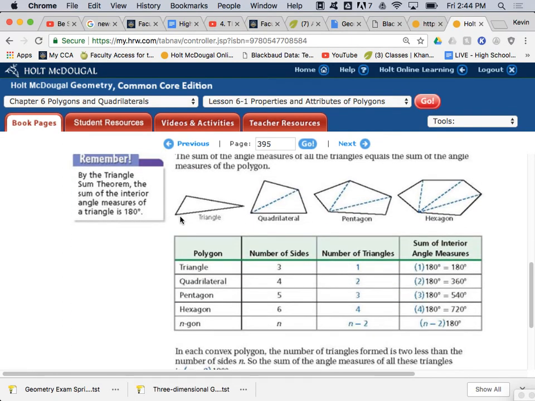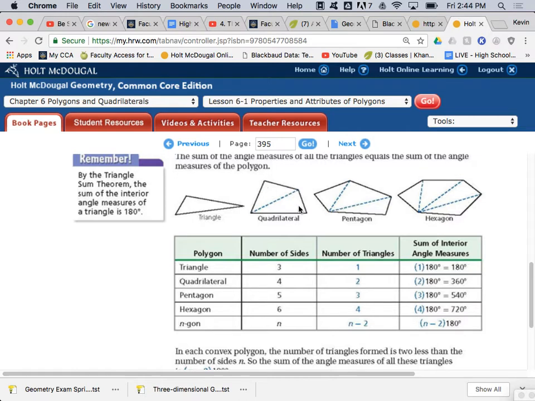Okay? Triangle, quadrilateral, pentagon, hexagon. Look, triangle starts with 180. Every time I add another side, I add another 180, you see? 4 sides is called a quadrilateral. So add 180 is 360 degrees inside of a quadrilateral. What do the angles add up to in a triangle? 180.